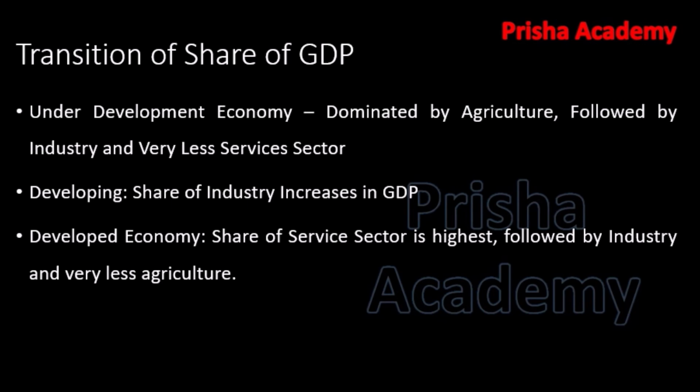People who were working in agriculture will start moving toward industries, and the industry of that country will grow. Thereafter, once the industries are at a good stage, the economy will move toward a developed economy. Here the share of the service sector is the highest, then the share of industry is the second highest, and the agriculture sector has a very small share in the total GDP.